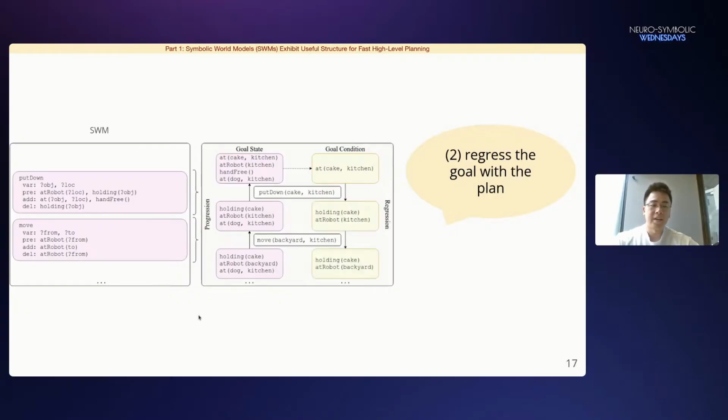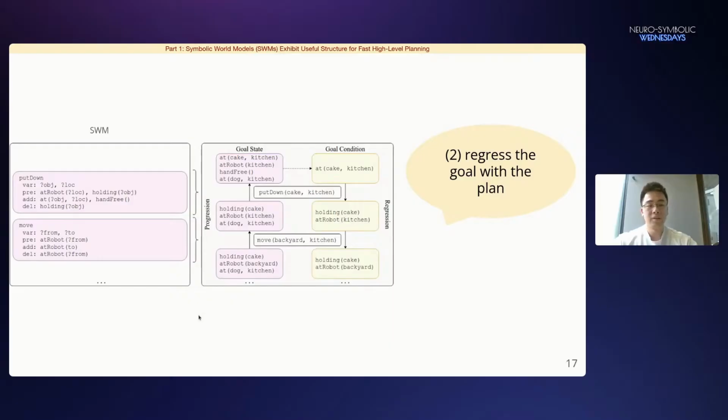So our next step is that given the sequence of actions of moving and then putting down, we regress these actions from the goal condition, and we'll get the following regressed states. From the cake is at the kitchen, after we regress the put down operator, we undo the action, and now we're holding the cake and the robot is at the kitchen.